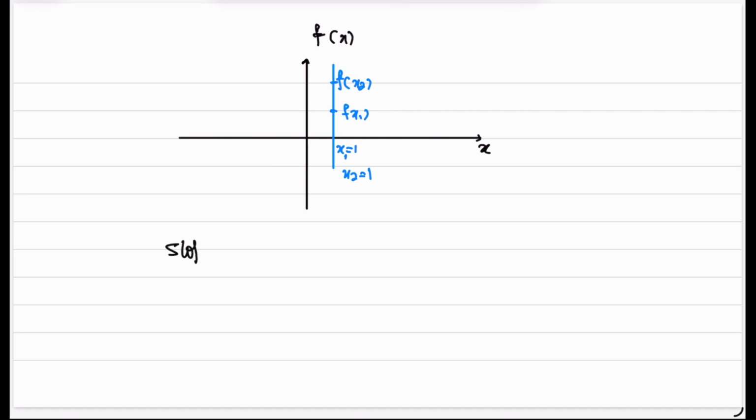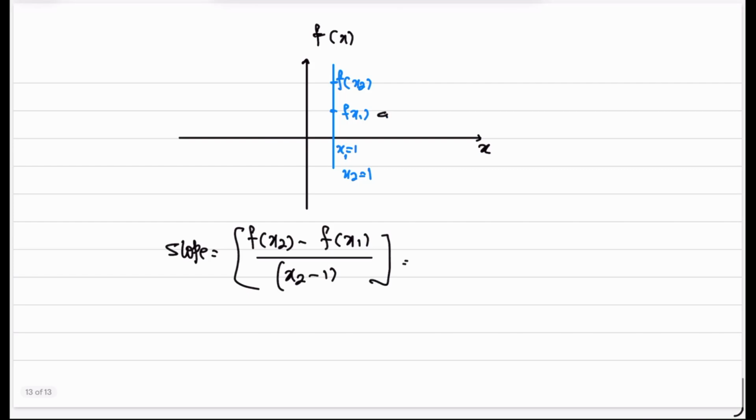Slope is equal to, why am I repeating the formula? The reason being, it will be imprinted in your mind. The formula is function x2 minus function x1 divided by x2 minus x1. Function x2 value is different. Let me say it is a2 and a1.